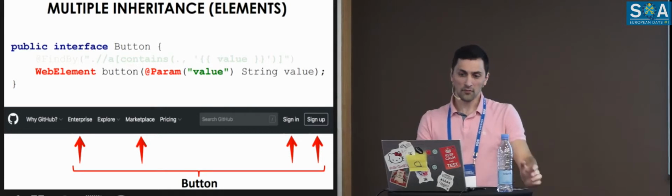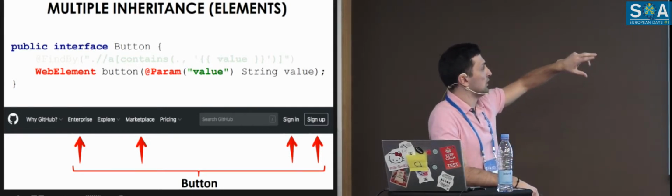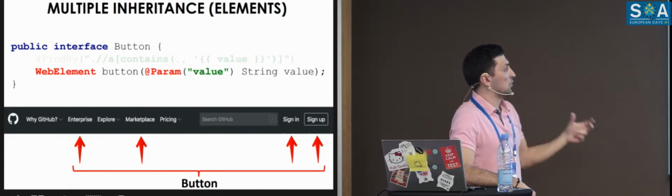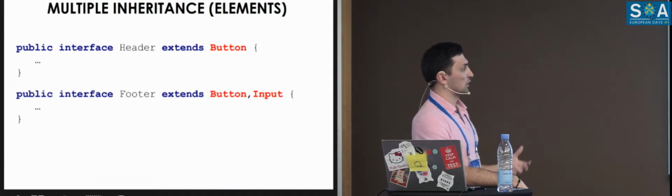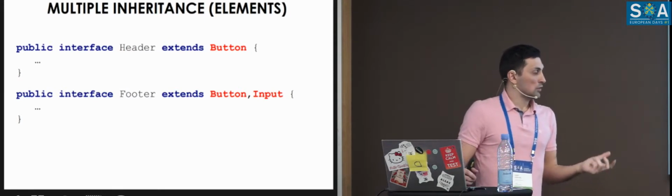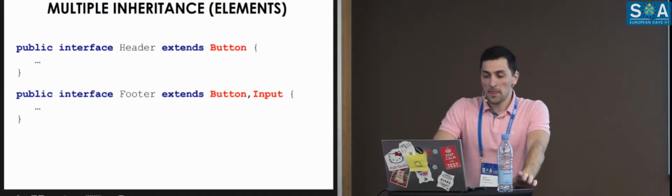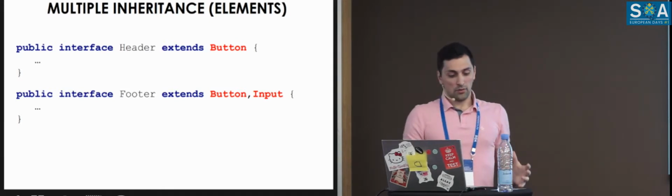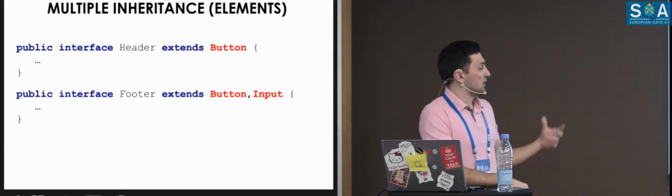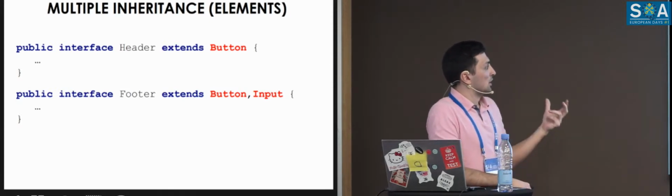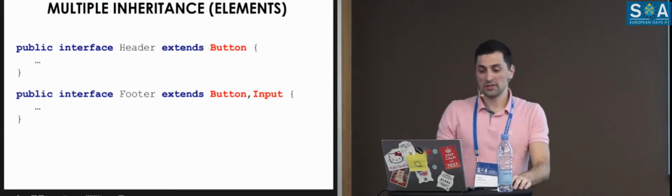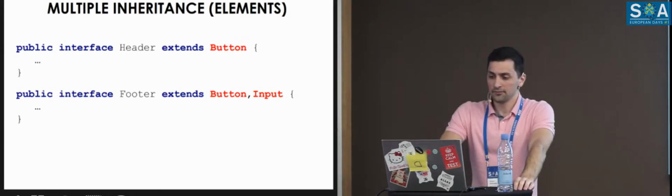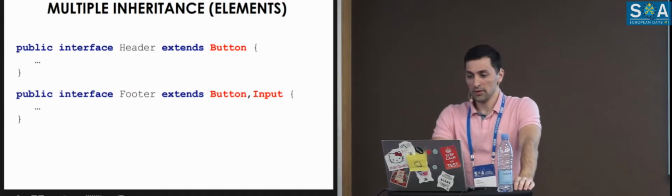For example, we can set button and a header can extend button, or footer can extend button, input, or we can introduce different new checkbox, for example, or text input, or we can make filter and our layer extend from this component. And by this way, we reduce boilerplate code.